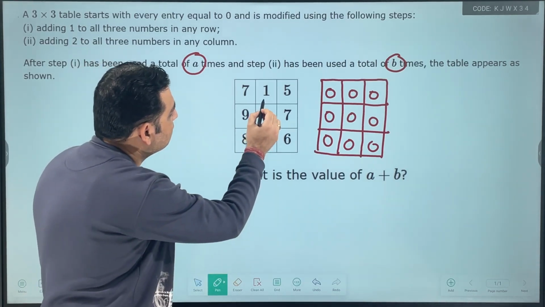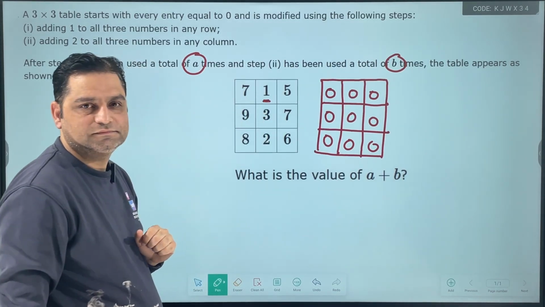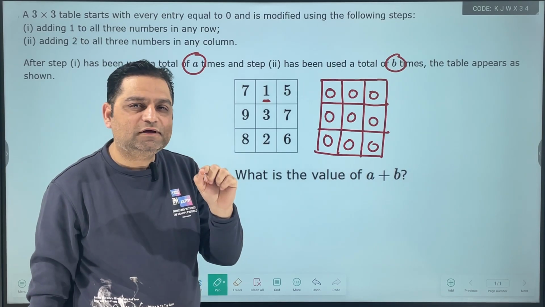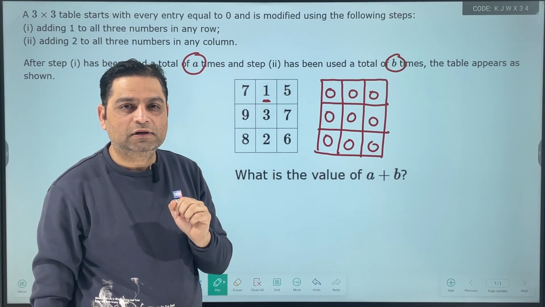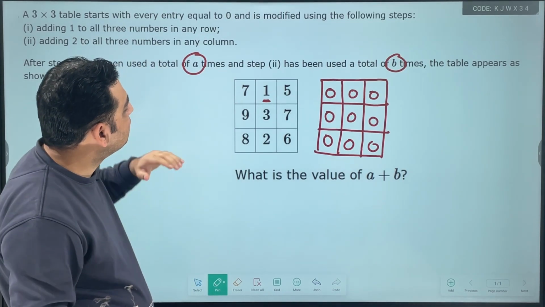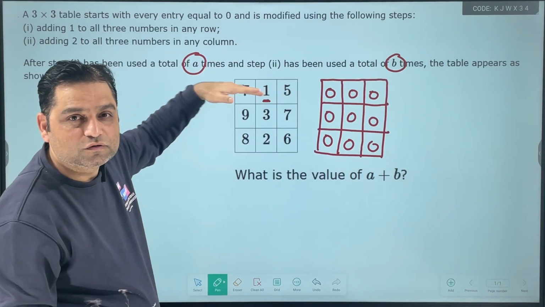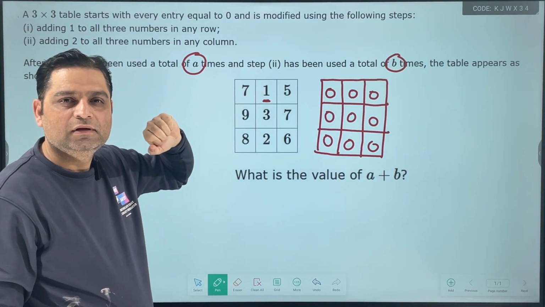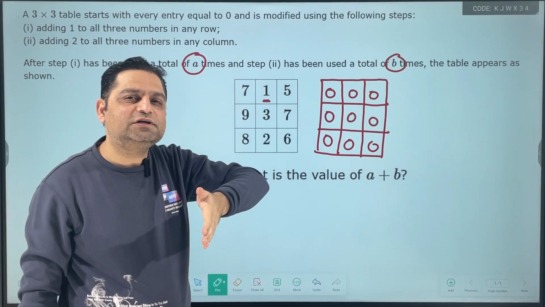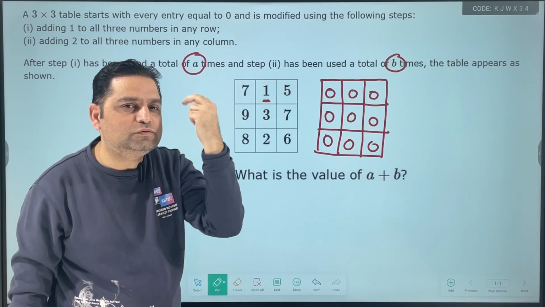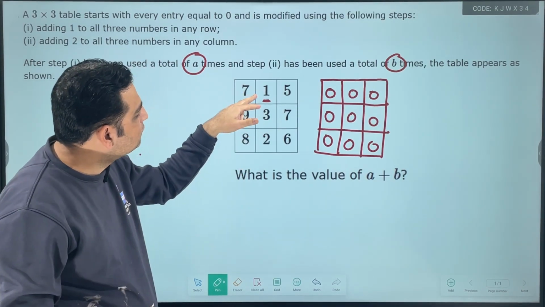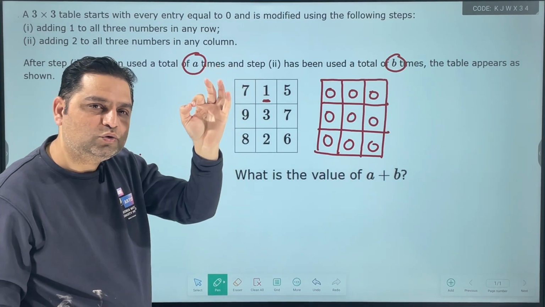Initially I saw that 1 is there in the middle. When I saw 1, I considered that this 1 has come because of the row transformation, because if I do a column-wise change, it is a change of 2. When this term is 1, that means a row change is done.